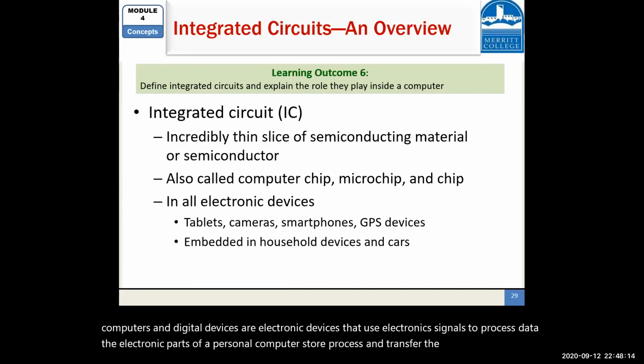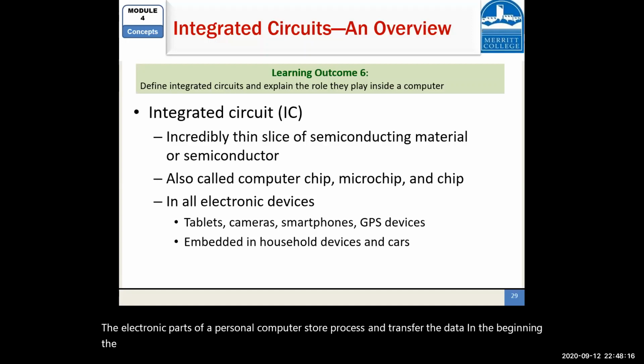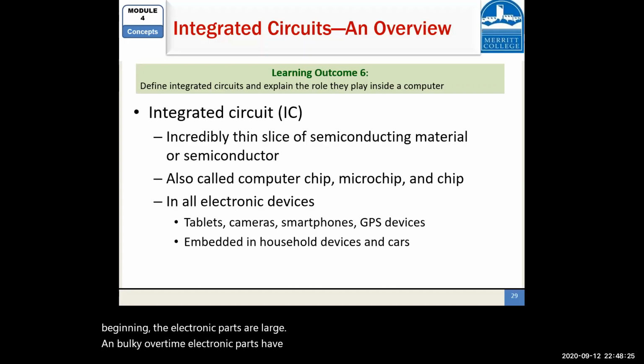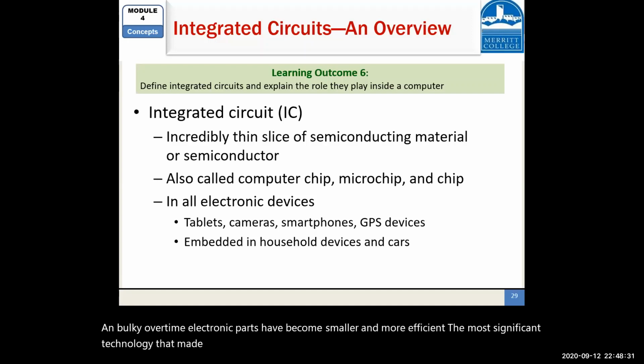In the beginning, the electronic parts were large and bulky. Over time, the electronic parts have become smaller and more efficient. The most significant technology that made the miniaturization of electronic parts possible is the integrated circuit.